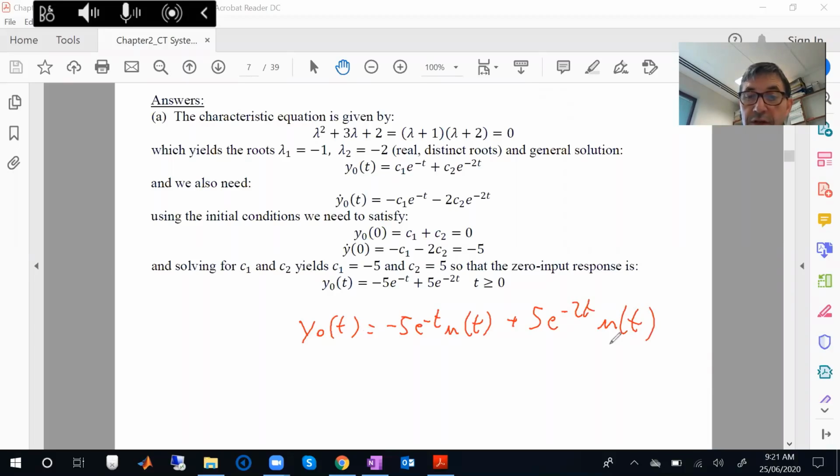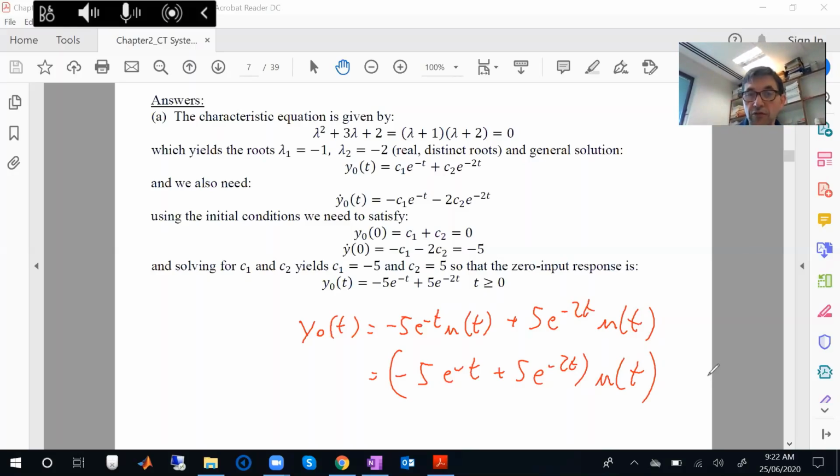The unit step u(t) tells us that this only exists for positive time, because u(t) is equal to 0 for t less than 0. In other words, there's no output at t less than 0. And of course, if you like, you can also do this. That's another form that you may see the solutions in the tutorial solutions and other textbooks. They should either have it like that, or in that form there.